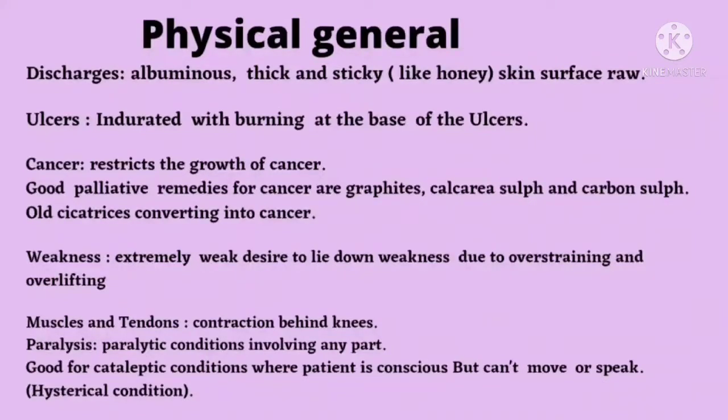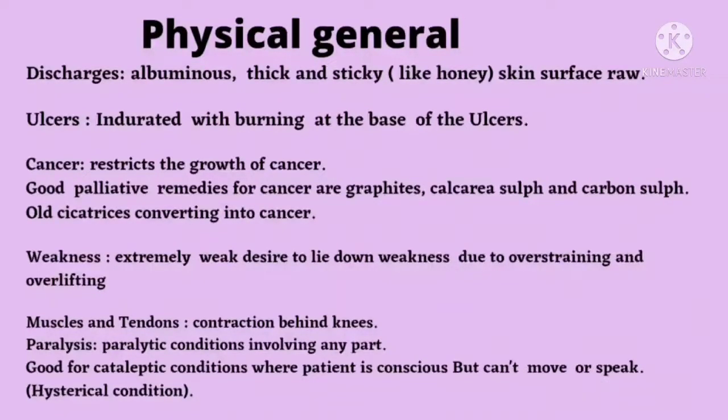And you will see in general pathology ulcers, inflamed tissue, and old cicatrices more indurated at the base. Again, you will see all this in other carbons also, but there would be a big difference.